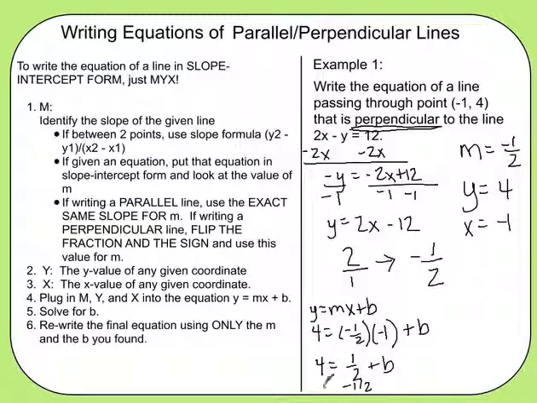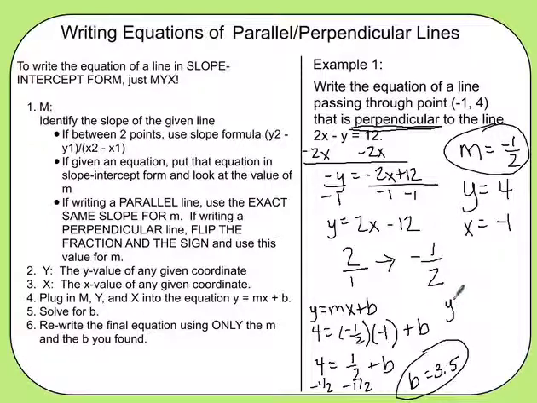So then subtract the half from both sides, and b is 3.5. My final step is to rewrite the equation with the m and the b that I found. So my final equation is y equals negative 1/2 x plus 3.5.